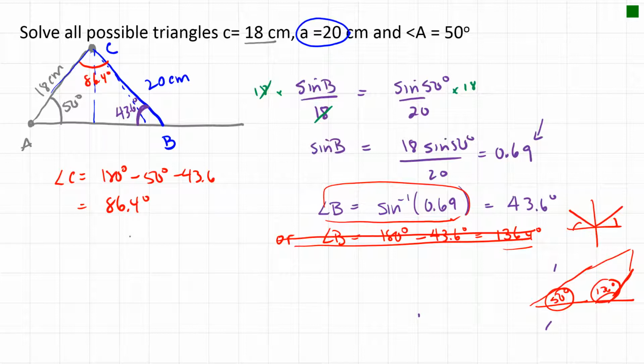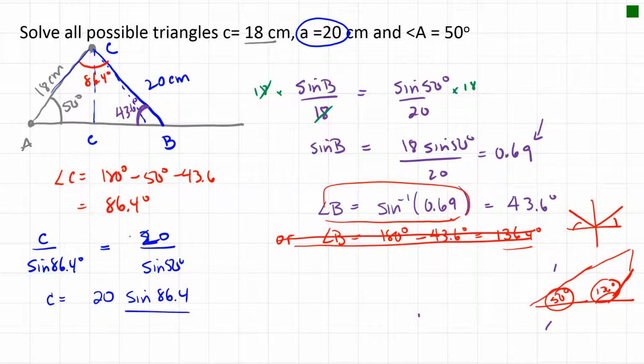So the last thing to do is to calculate what c is. So c over the sine of 86.4 degrees equals the 20 centimeters over the sine of 50 degrees. Multiply both sides by the sine of 86.4 and I'll get my answer.